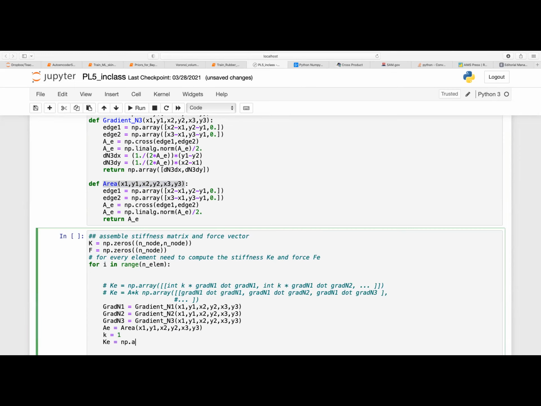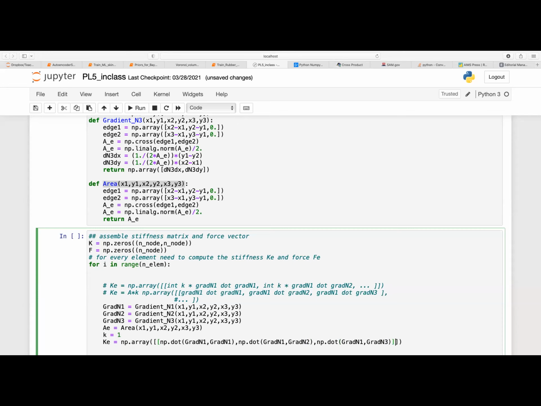Therefore, the stiffness matrix is just MP dot. And then the first one, like I said, is gradient 1, gradient 1. Then the second one, you just need to fill this out. This one is this. The third one is like this.